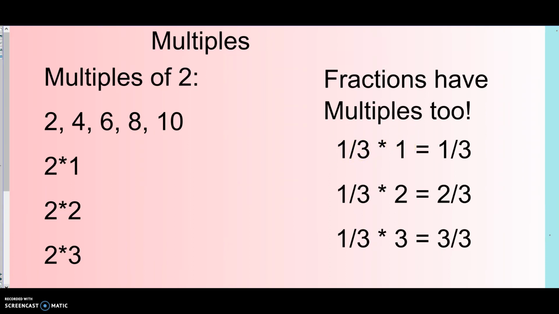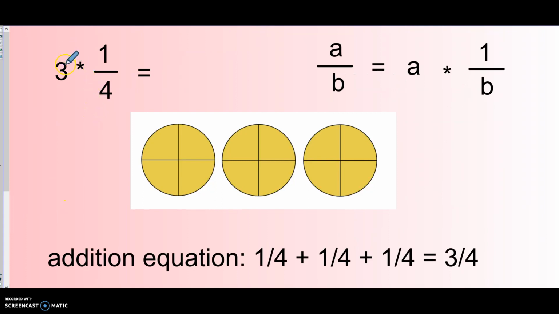Let's take a closer look. So here I have 3 times 1/4. And I want you to look at this equation with the letters in it. We need to get used to seeing equations that have these variables or letters in them.